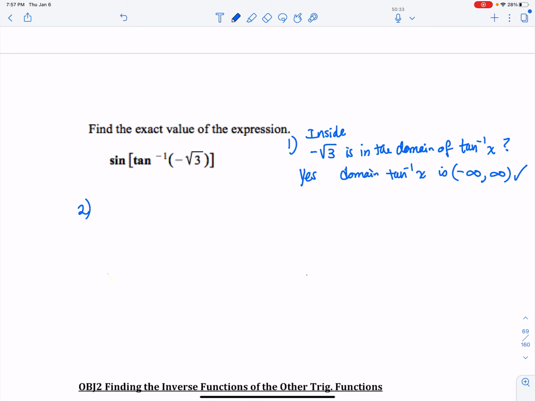Step 2 is to evaluate the inside function. So I'm actually taking inverse tangent of negative radical 3. And I'm going to write this as negative radical 3 over 1.